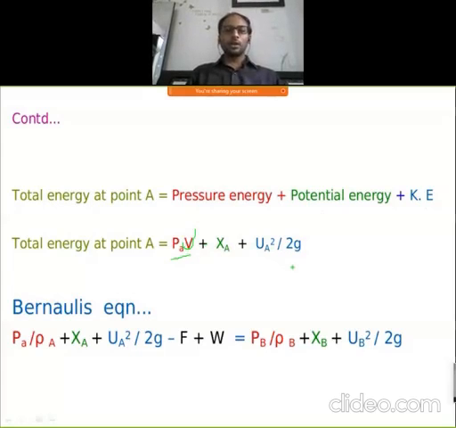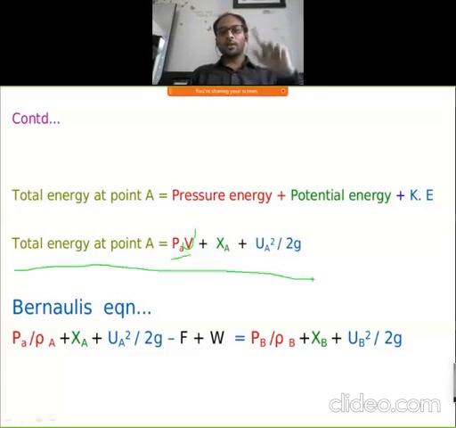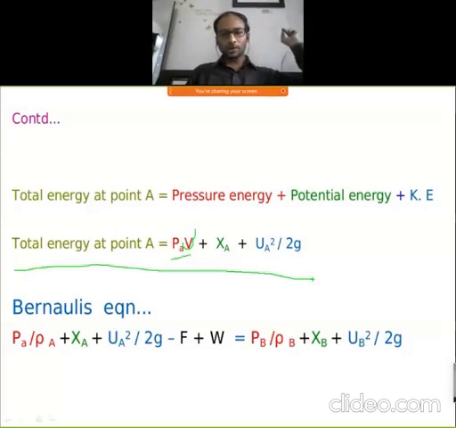This is the total energy at point A. We went through Bernoulli's equation in the last lecture and you are very familiar with these terms, so this is just a revision of how Bernoulli's equation should be considered.